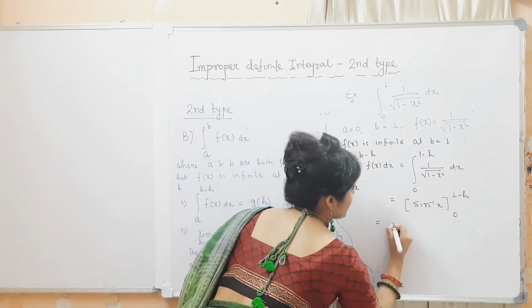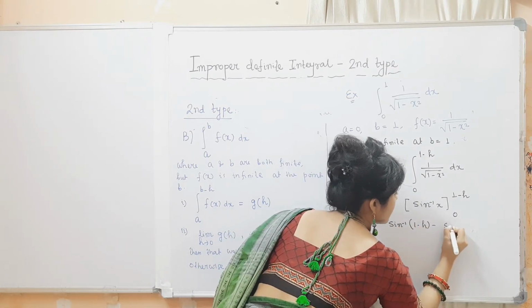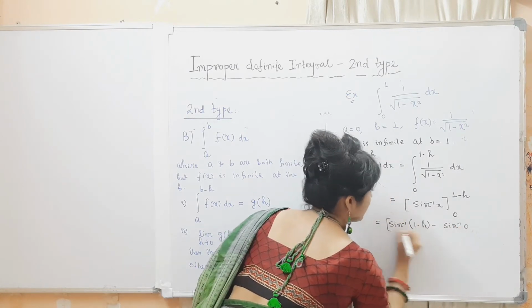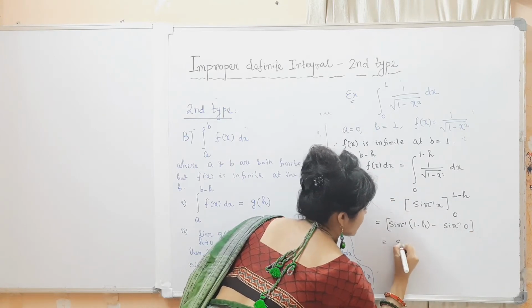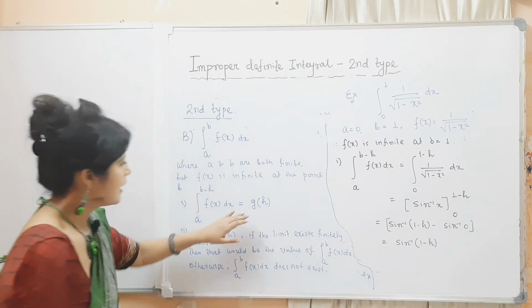Putting the limits, I have got sin inverse (1 minus h) minus sin inverse 0. Sin inverse 0 means 0, so I have got sin inverse (1 minus h).